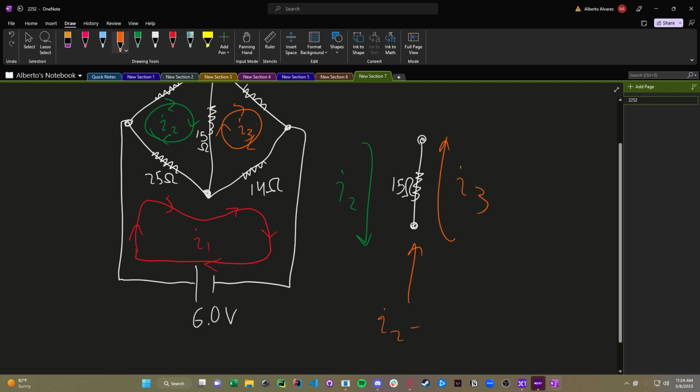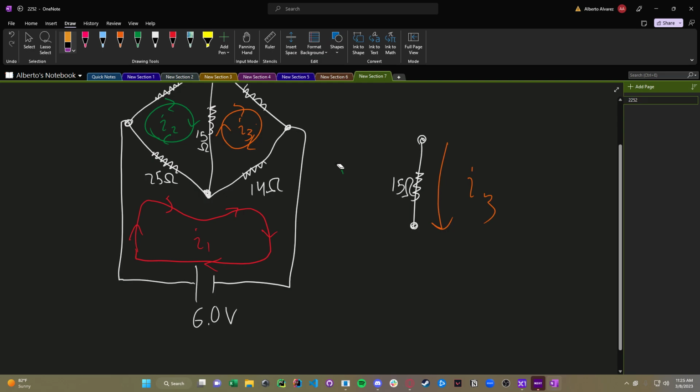It's going to be I2 minus I3, or maybe I3 minus I2. Which one of the two, I'll let you know in a second. If they're going in the same direction, like this, that would be I2 plus I3, because the currents are going in the same direction, so they add up.